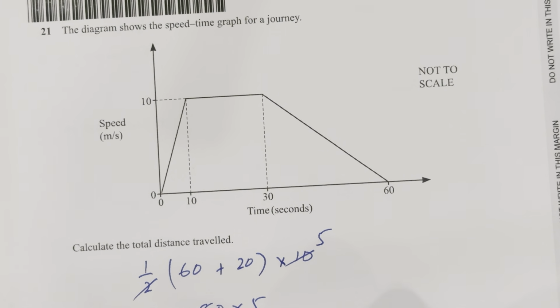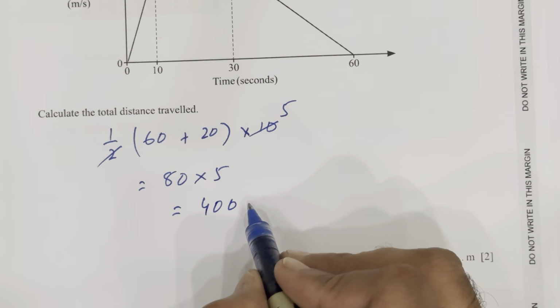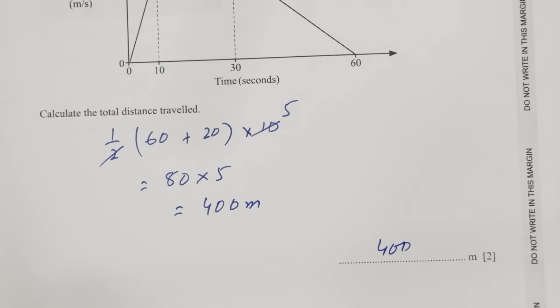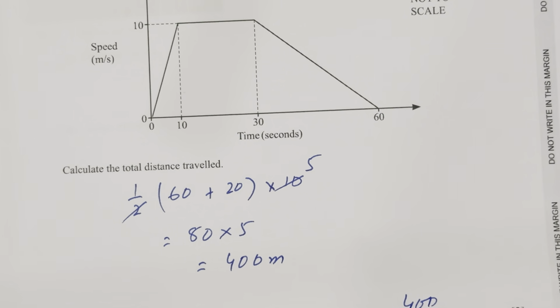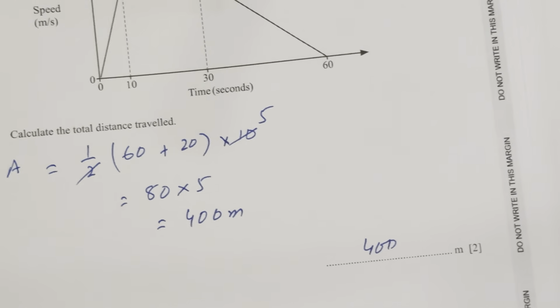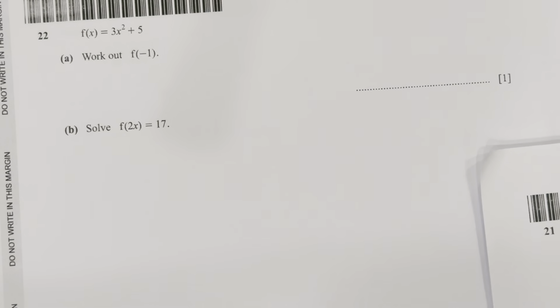And this answer would be, now you can see the picture, 400 meters. So 1 over 2 sum of parallel sides multiplied by height. The area of this graph is showing the distance we need to calculate. Okay, so this was a simple question.